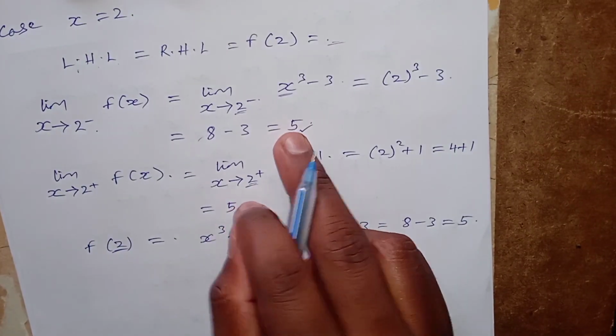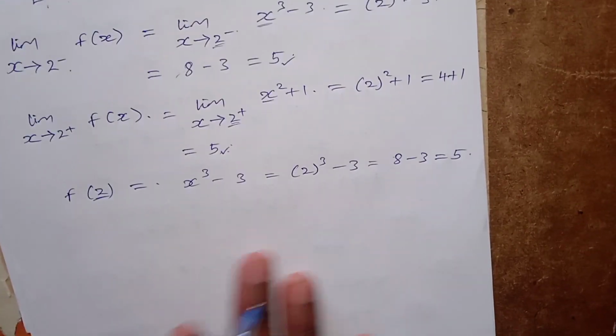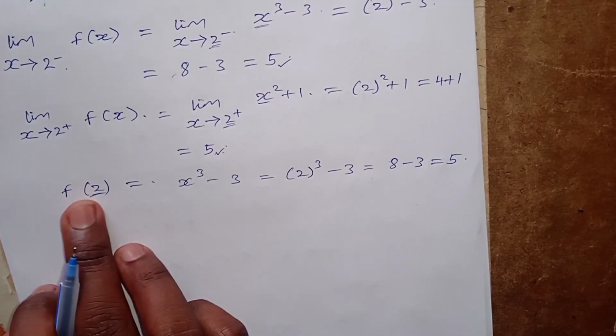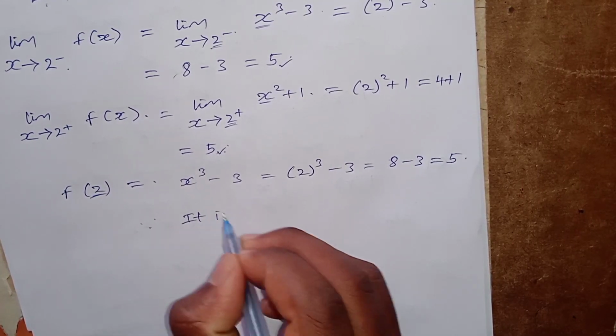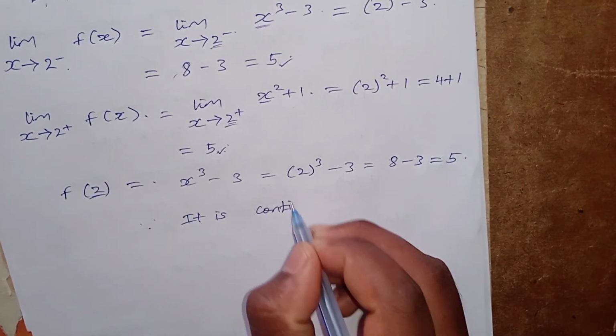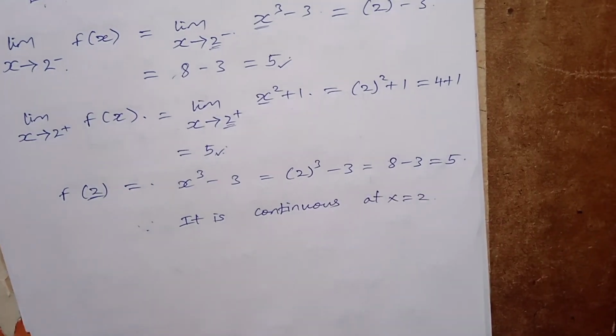Therefore left hand limit is equal to right hand limit is equal to f of a. f of a is nothing but f of 2, therefore here it is continuous at x is equal to 2.